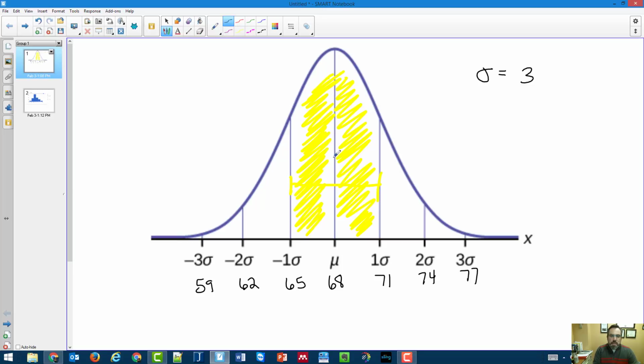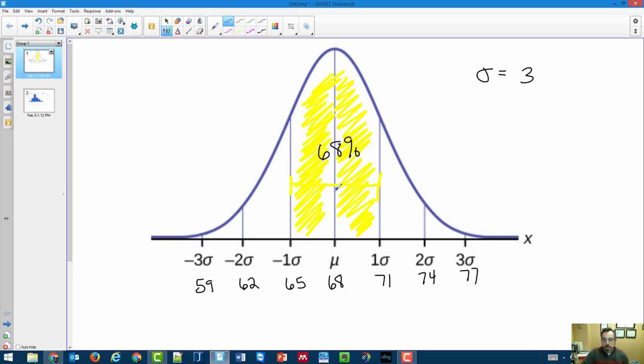Now, the important thing to know about that is this is 68% of the students. So when you're using statistics, we're always trying to say with some degree of certainty where we expect, how tall do we expect. I expect in my class that about 68% of my students are between 65 and 71 inches tall.